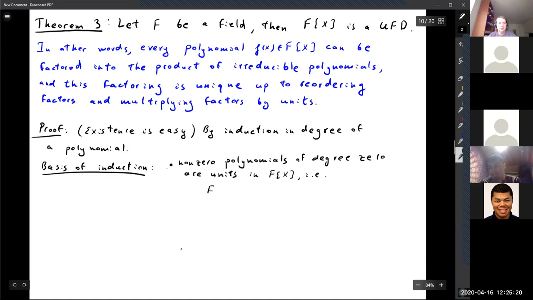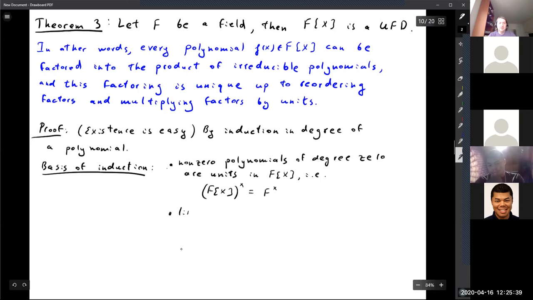In other words, the set of units of F of x cross is nothing, just F cross. So non-zero constants, right? Of course, they are invertible over a field, and no other polynomials are invertible in F of x.